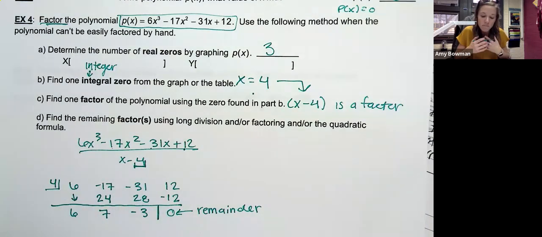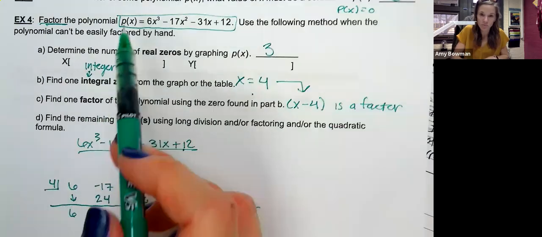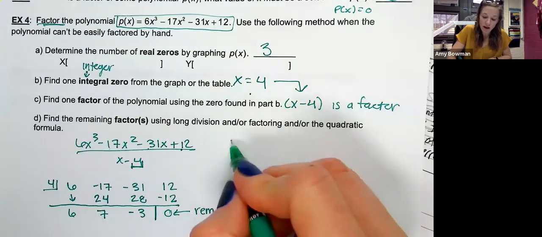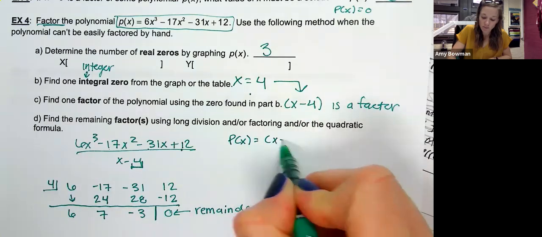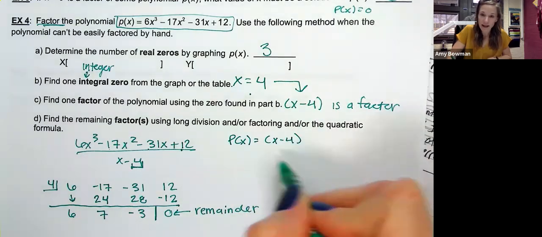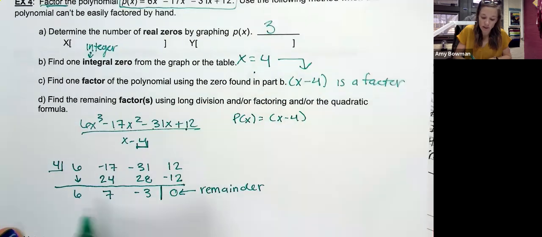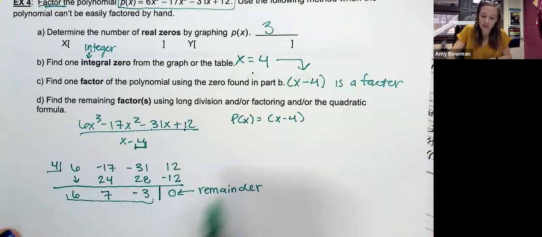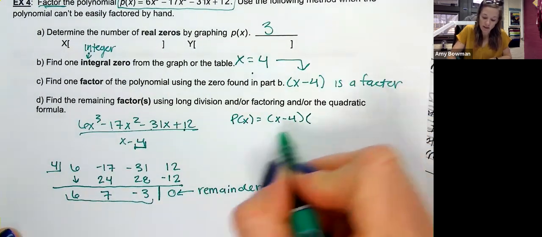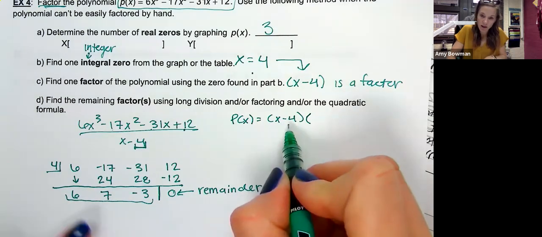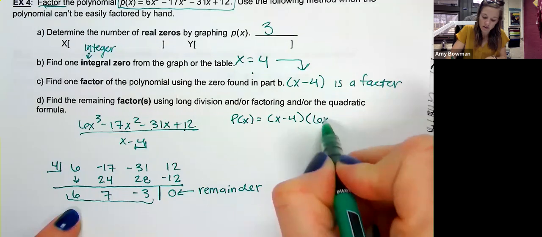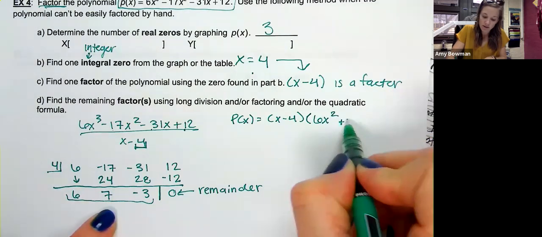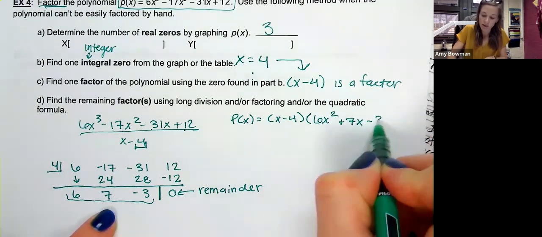Okay, so remember our main goal was to factor p of x. So right now, we first discovered that x minus 4 is a factor. And when I divide that out, I get this quotient right here using synthetic division. So p of x is x minus 4 times 6x squared plus 7x minus 3.